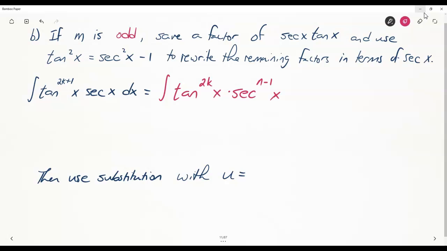We took one factor of secant and one factor of tangent. So that's why the powers of tangent and secant both dropped by 1.